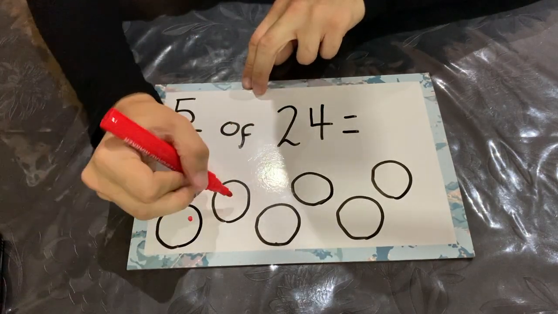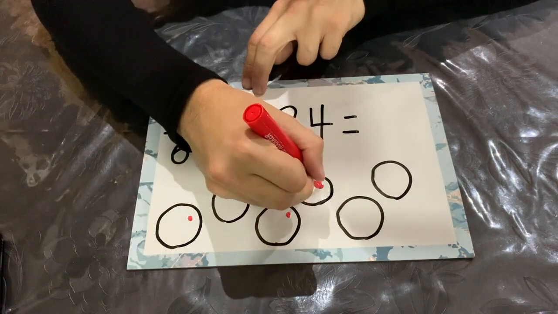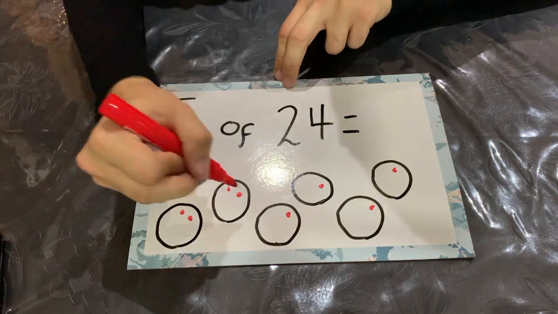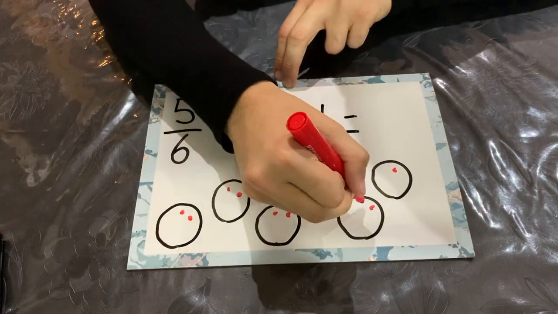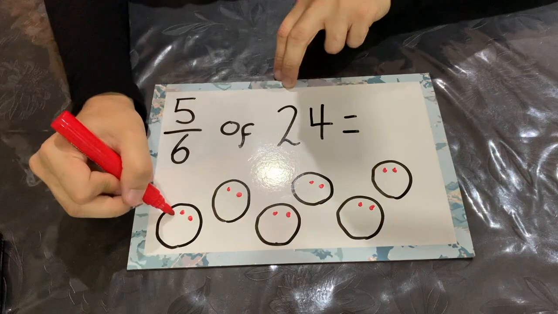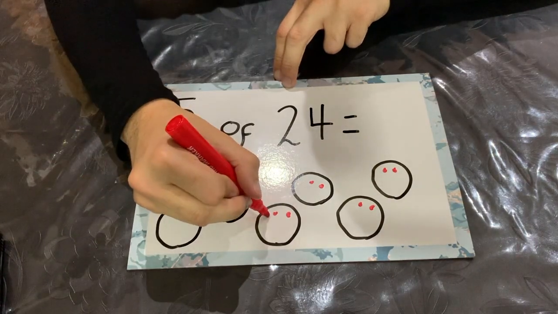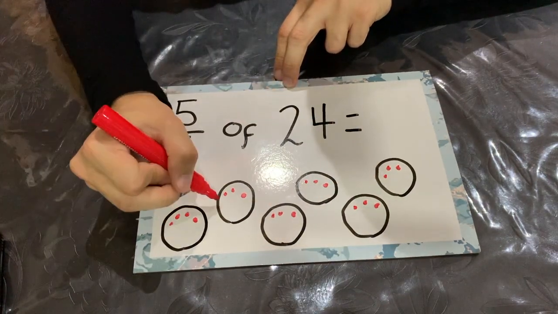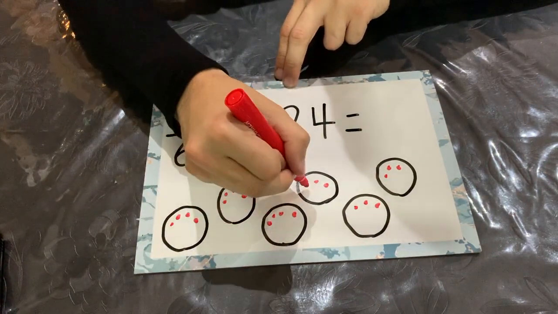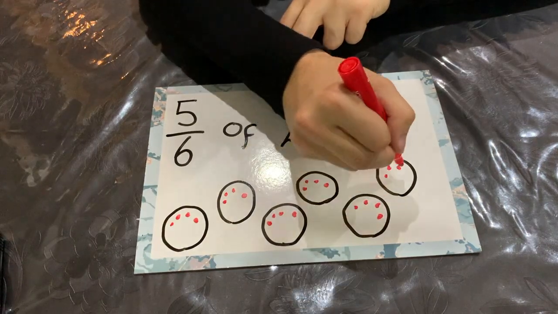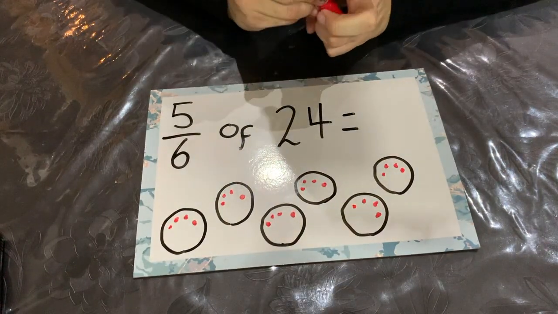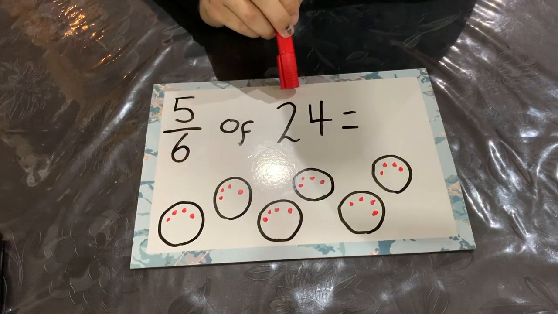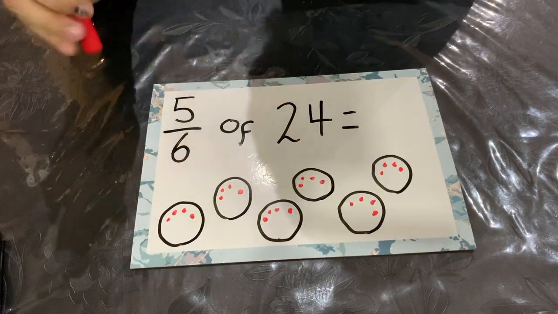So I've got 1, 2, 3, 4, 5, 6, 7, 8, 9, 10, 11, 12, 13, 14, 15, 16, 17, 18, 19, 20, 21, 22, 23, 24. So I filled up my groups with my 24 and I've shared it between them equally.